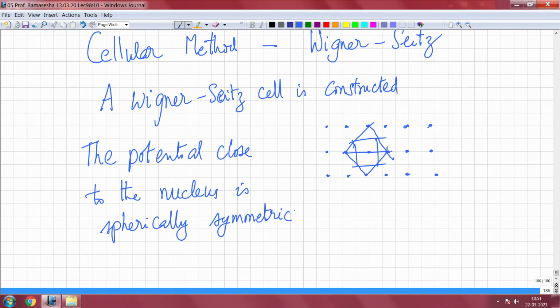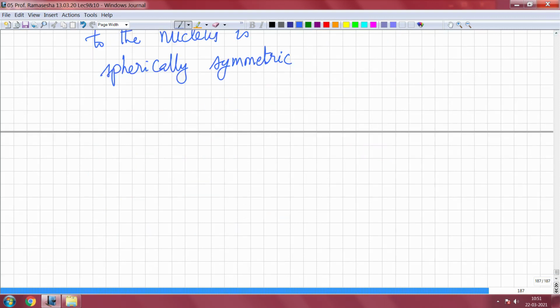What you mean by that is the following: the crystal Hamiltonian is minus h cross squared by 2m del squared plus V of r, acting on psi, is equal to E psi. Okay.